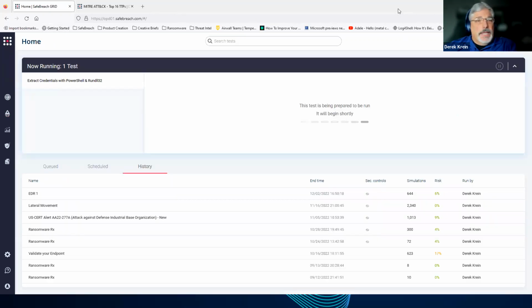Then we'll go through the data and take a look at what we should see, what we shouldn't see, and what to expect. This won't take but a minute to run.